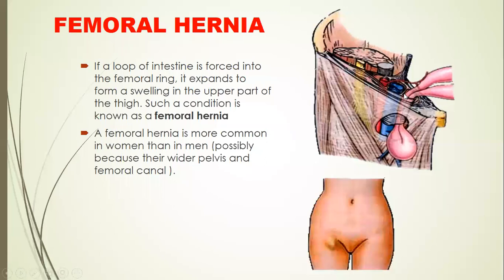When the femoral septum, a weakened part, is depressed and gives passage to a piece of intestine or its covering, which is called the peritoneum or the extraperitoneal fat, and finally it reaches the entire canal, and when it reaches its lower part, it causes slight rupture of this femoral canal, and then it ascends to lie in front of the inguinal ligament. So see here that this is the femoral hernia. It is coming in this direction. When it reaches this level, then it goes upward to lie in front of the inguinal ligament.